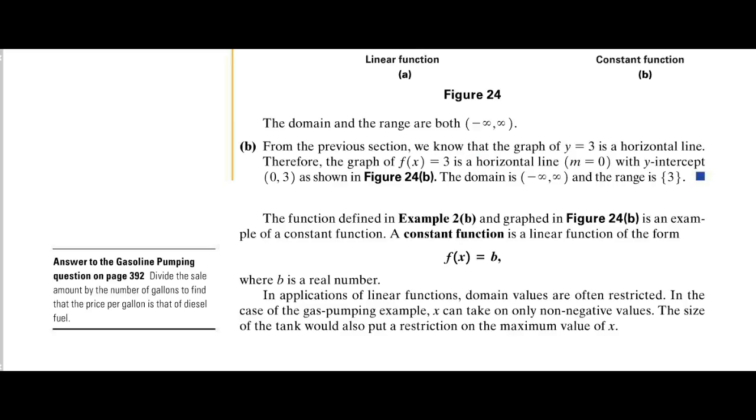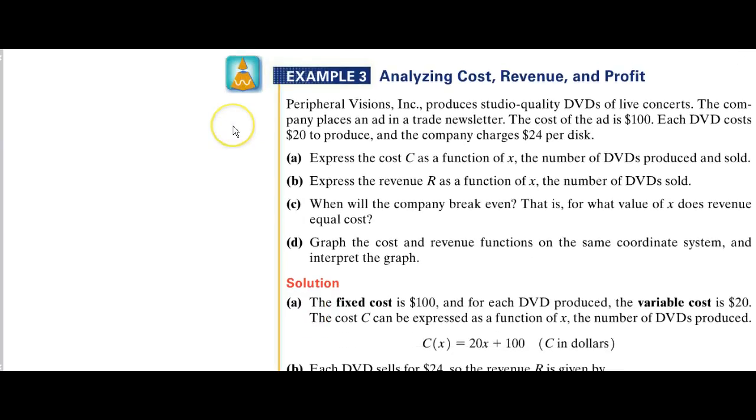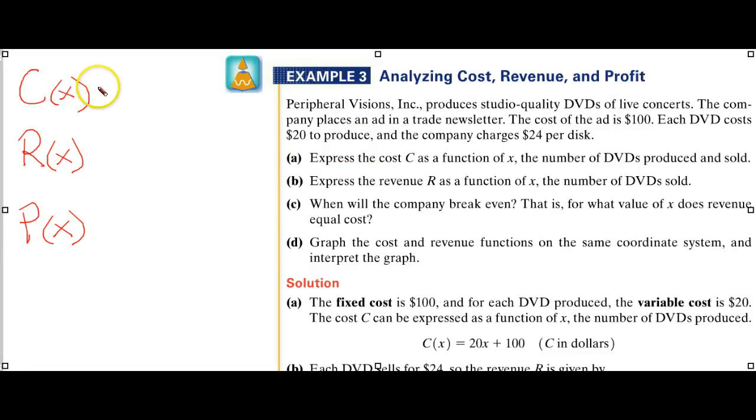Right up there. Now they're giving us a linear model where we are going to analyze cost, revenue, and profit. Well, let's give a little background on this. And it's helpful because they've used the letters that they're talking about. So C is for cost. And what does cost involve?